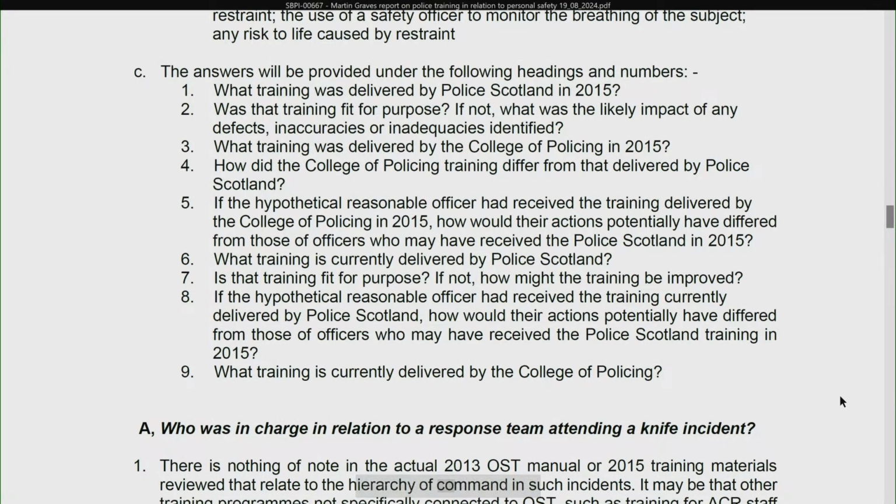And we see them here at C. The answers will be provided under the following headings and numbers. So you give us 9 headings, paragraphs, chapters, where you will deal with each of these in relation to each question, hopefully to just make it easier to reference the answers to each of the questions. Thank you so much. And let's just go through these briefly now so we know where we're going.